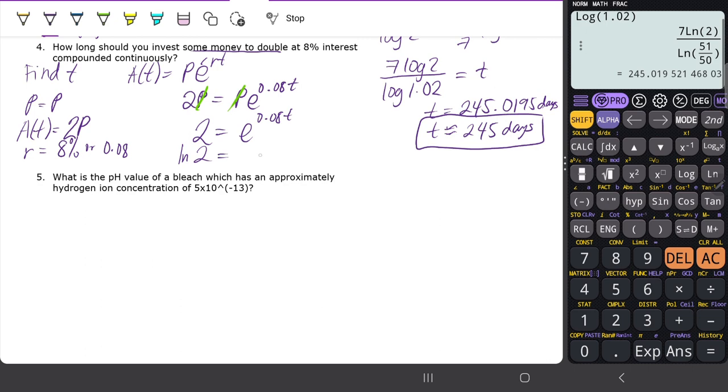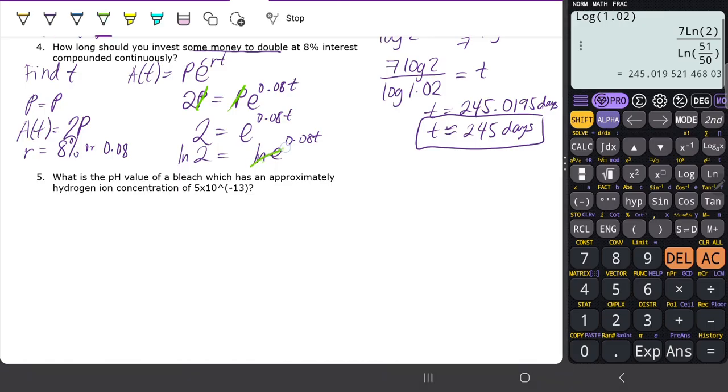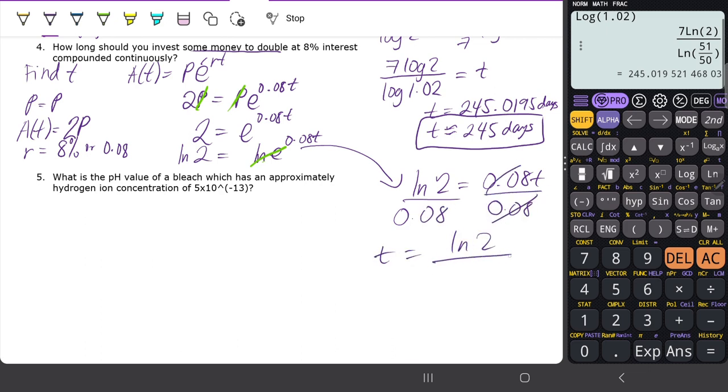So ln of 2 equals ln of e raised to 0.08 T. This cancels out, giving us ln 2 equals 0.08 T. Divide both sides, so T equals ln of 2 over 0.08. Using calculator, ln 2 divided by 0.08 is 8.66.